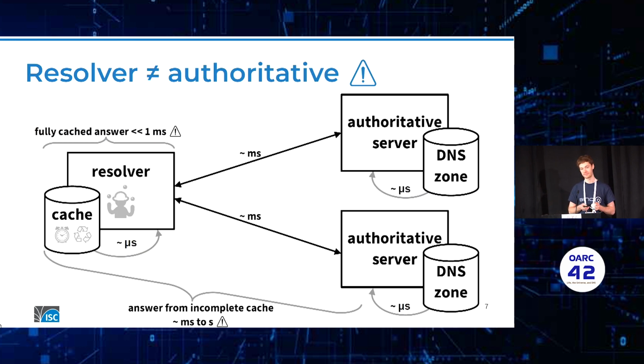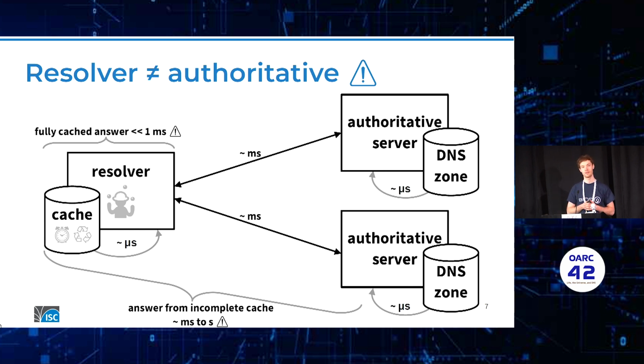Let's get more technical. On the right side, you see authoritative servers, and typically they have all the data available, quite likely in memory, so with super fast access, below microseconds.